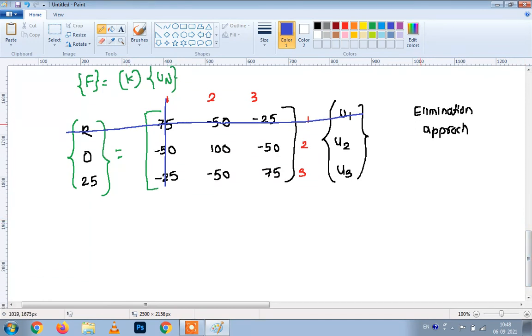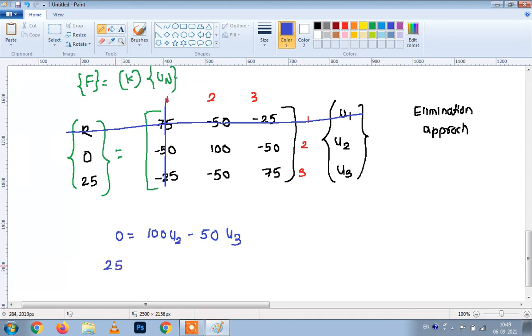If node number 3 is fixed in any numerical, then we will cancel the third row and third column. Here node number 1 is fixed, that's why we have cancelled the first row as well as the first column. So what is remaining now? We will solve 0 is equal to 100 into u2 minus 50 into u3.